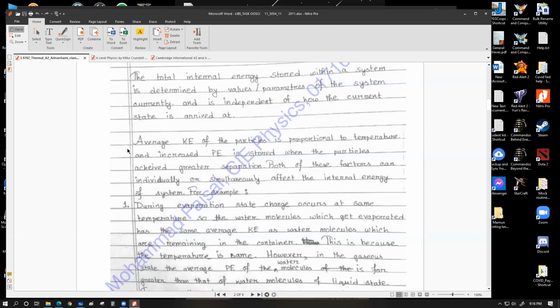Whenever we want to make the state change, if we apply heat to them, this is going to cause the particles to move faster, vibrate faster, and then they're going to break free from their fixed structure, or from their intermolecular attraction force. So in all of these processes, the particles would actually be given more intermolecular spacing in most cases, and that can lead to an increase of potential energy.